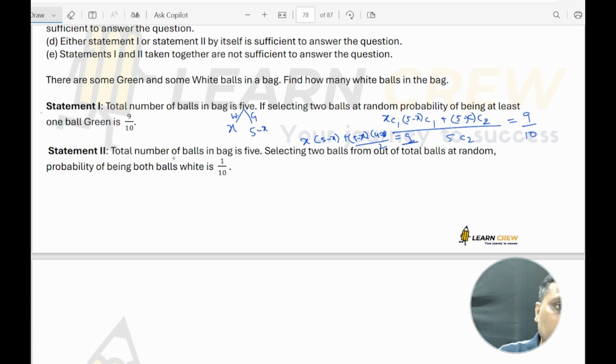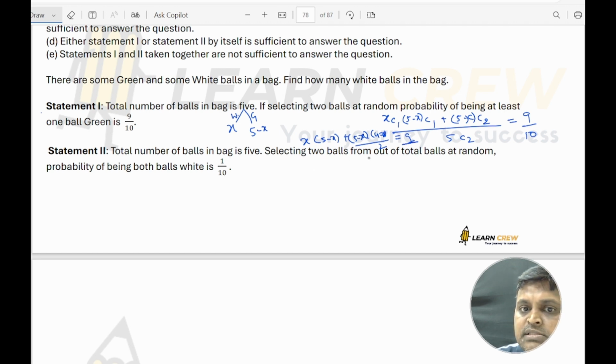Similarly here, total balls in the bag is 5. Selecting 2 balls from the total balls at random. Let us say there are X white balls.